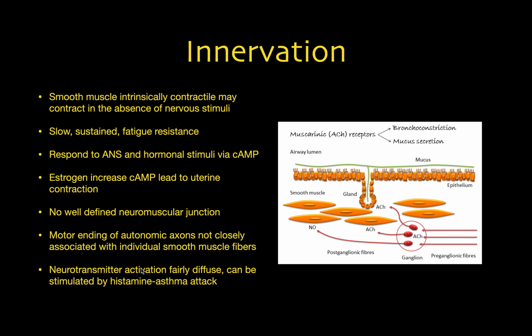And the motor endings of the autonomic axons are not closely associated with the individual smooth muscle fibers. Instead, neurotransmitter activation is fairly diffuse, and it can be stimulated by histamine, for example, an asthma attack. So it'll be just one fiber, and it will innervate a whole lot of smooth muscle cells.